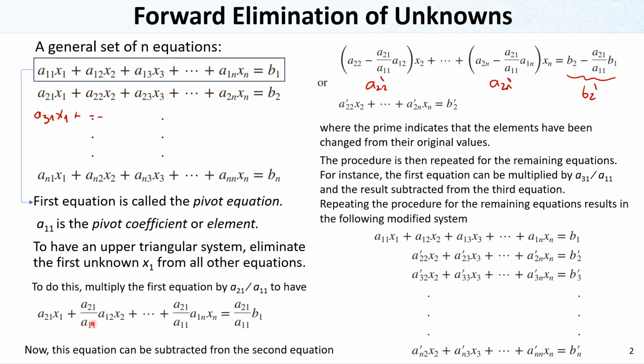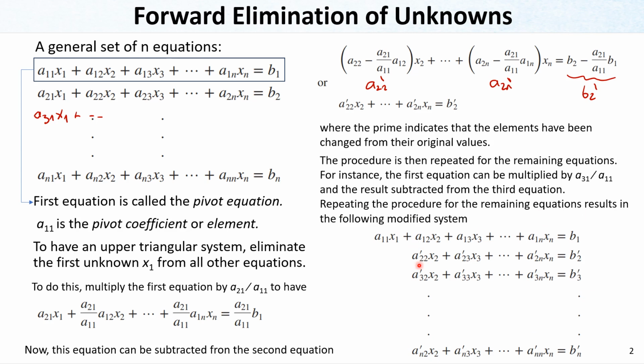Then we will have such an equation. Then we subtract that from the third equation. If we subtract that, we again eliminate the first term, and we will have this third equation with the new prime coefficients. Similarly for the fourth and up to the nth equation, we will have the same, and this way we eliminate x1 from these equations, as you can see. Now we can repeat the procedure for the remaining equations, and we will have these final equations.